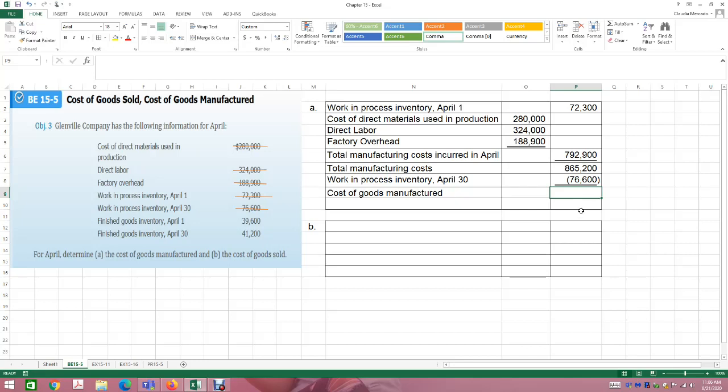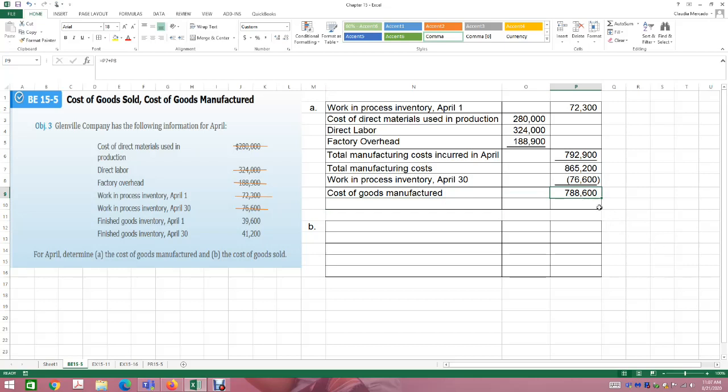So the cost of goods that we actually spend on completed products is going to be the $865,200 minus the $76,600. We can just add them because it's a negative number. That will give you $788,600.